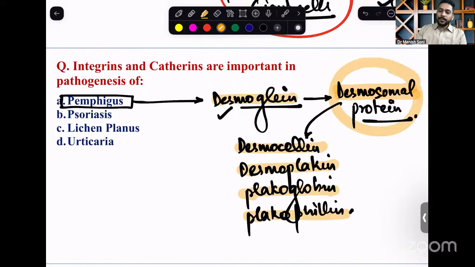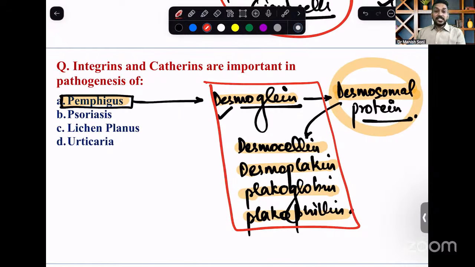These are the names of the proteins which form desmosome, which help in attachment of two keratinocytes. And keratinocytes are present in epidermis, so all these are intraepidermal. That's why pemphigus is an intraepidermal blistering disorder, because the protein is also within the epidermis, in between the keratinocytes in the desmosomes.